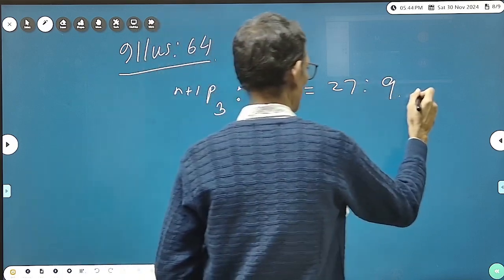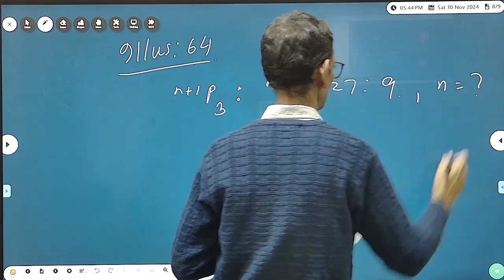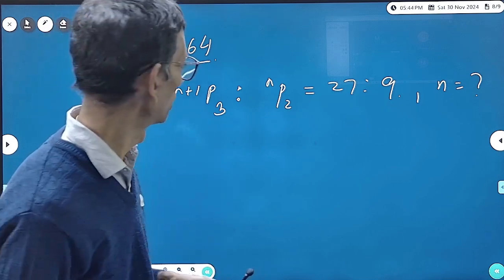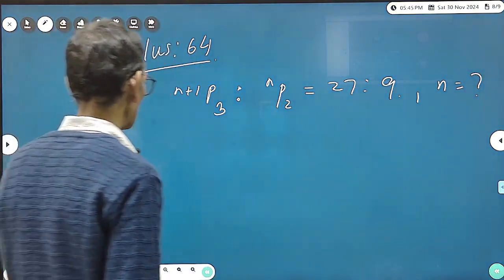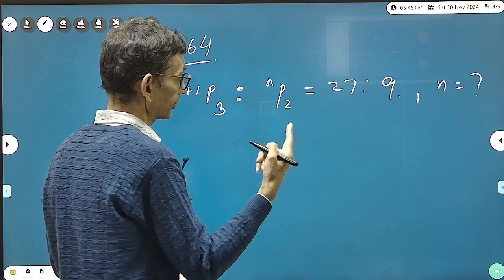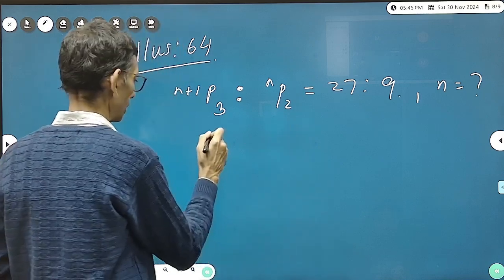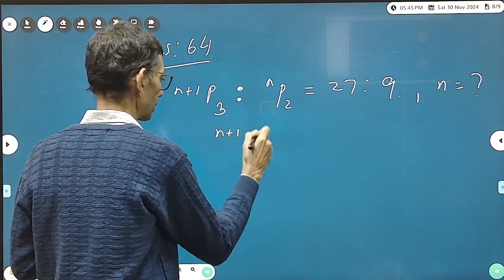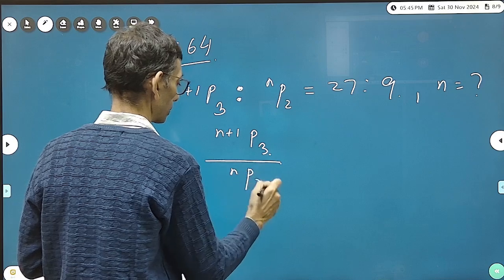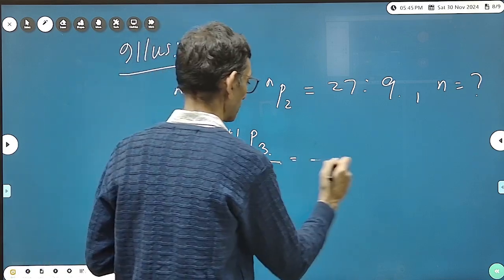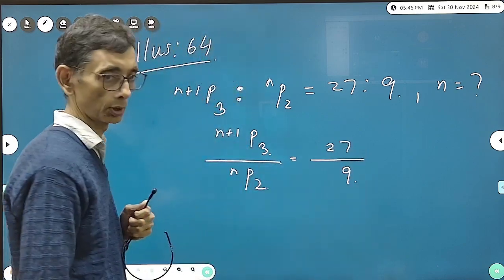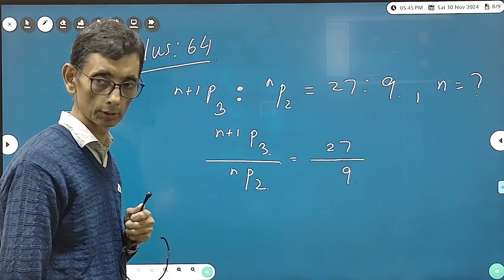What is the value of n? So (n plus 1)P3 divided by nP2 is equal to 27 by 9.